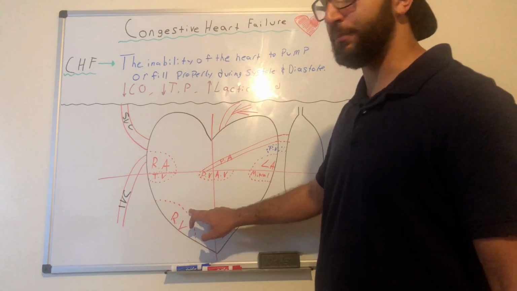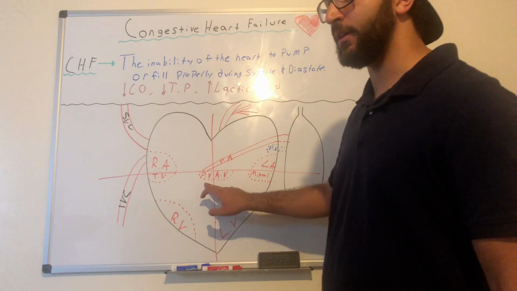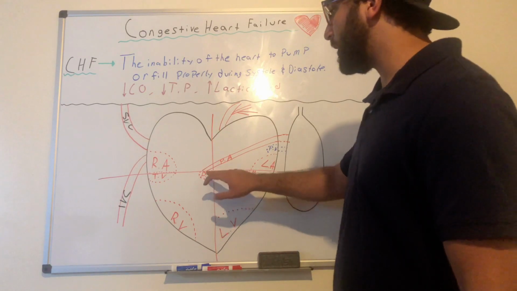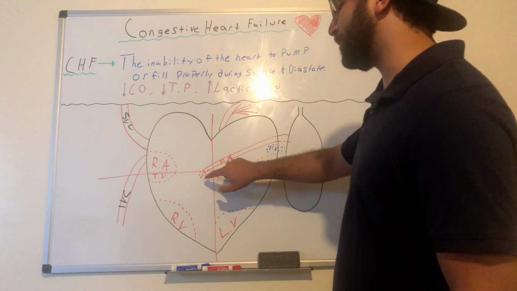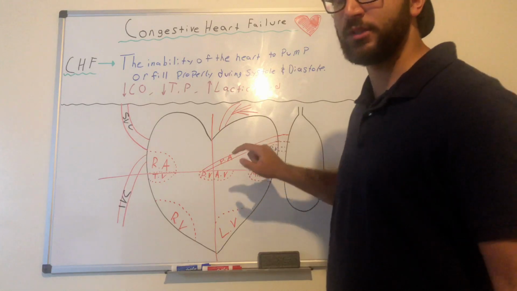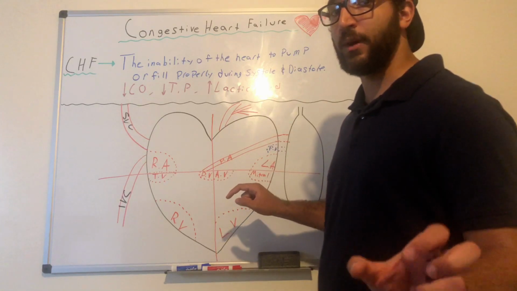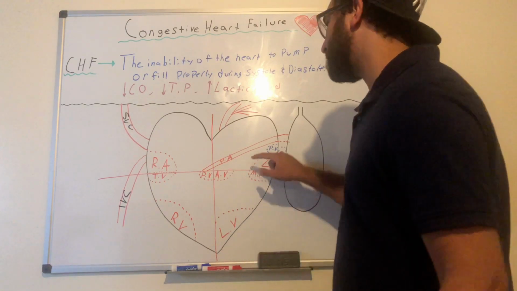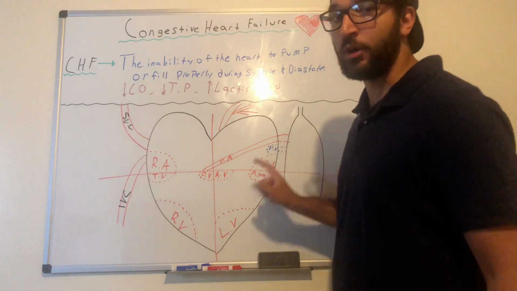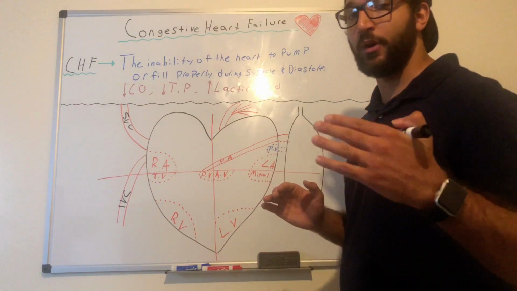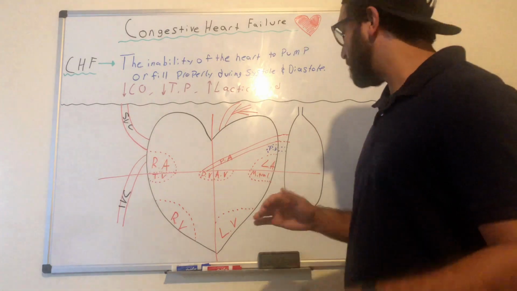The right ventricle then pushes out blood to the pulmonary valve, and then blood flows through the pulmonary artery, which is considered to be the only artery in the body that contains deoxygenated blood, to the lungs, where that blood is oxygenated.